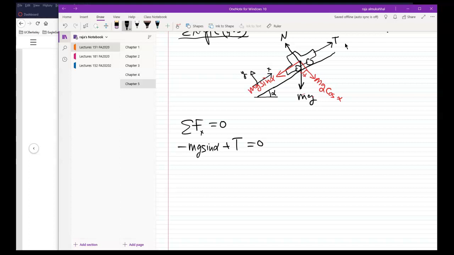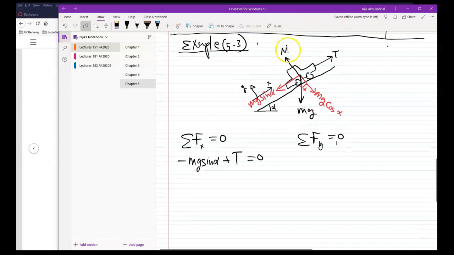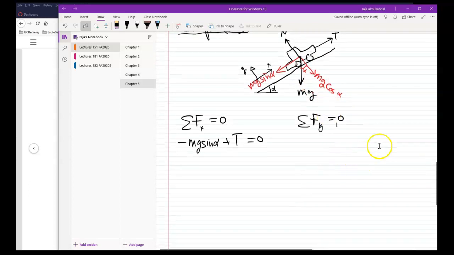Done. Now let's do sigma F in the y direction equals 0. I have two of them. I got the normal right there, up positive, and then down mg cosine. So that's going to give me normal minus mg cosine alpha equals 0.